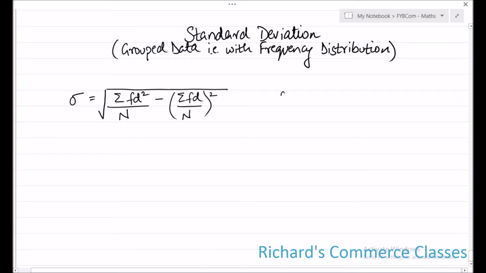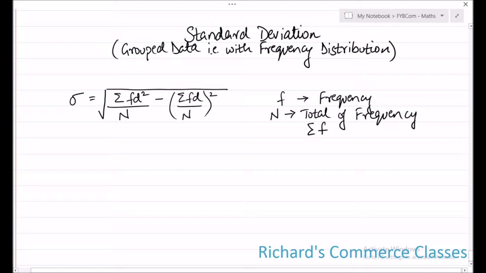Here f denotes frequency, n is the total of frequency, and it can be calculated by taking the total of the f column, that is the frequency column, summation f.